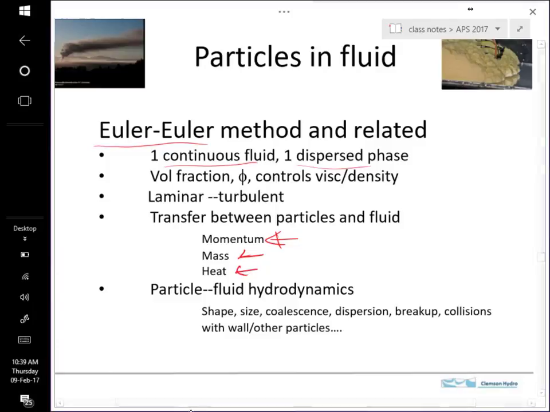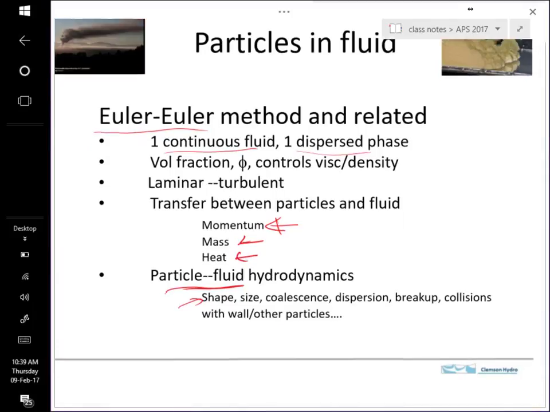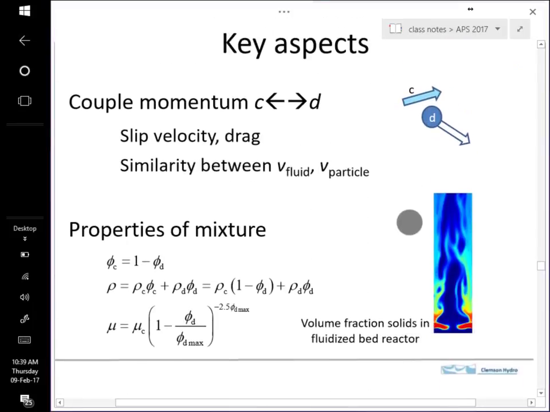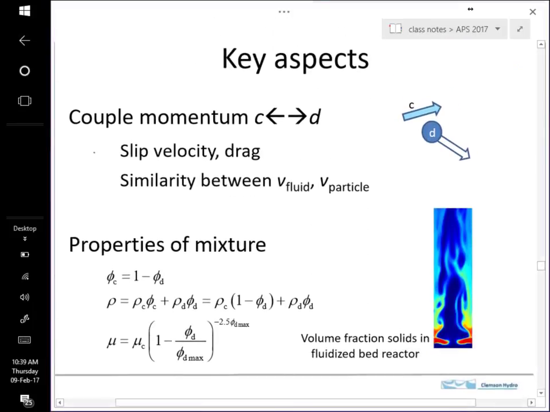We also are interested in the interaction. Well, doing this will require that we can include the hydrodynamic interaction between the particles and the fluid. So the shape of the particles, their size, whether they coalesce or disperse or break up, all of that is going to play a role and will be something that we would want to include. So here's one of the key things.